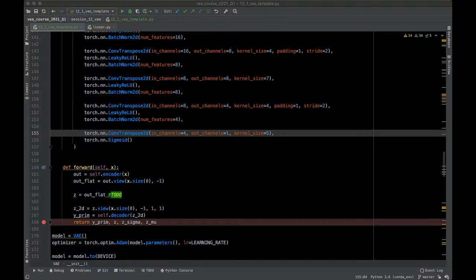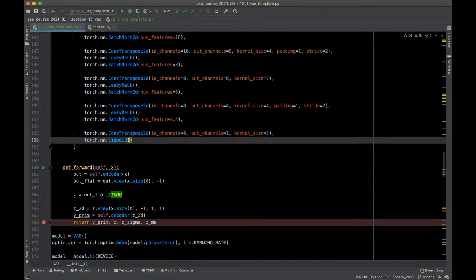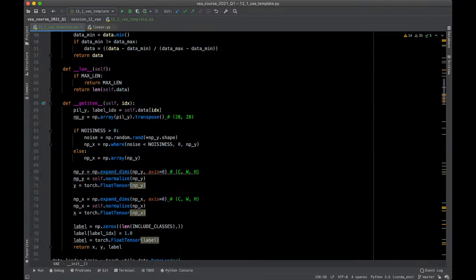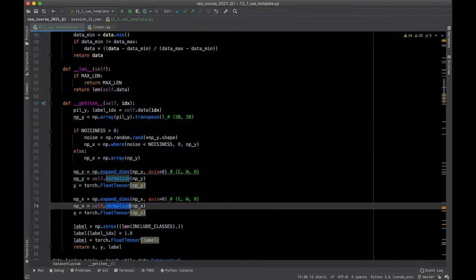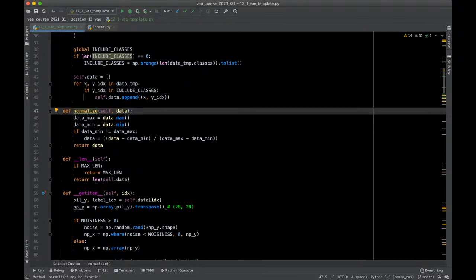So the sigmoid enforces that the output is always from 0 to 1, and our own data set is normalized to 0 to 1 here. You see there is normalization. The normalization is min-max normalization around 0 to 1.